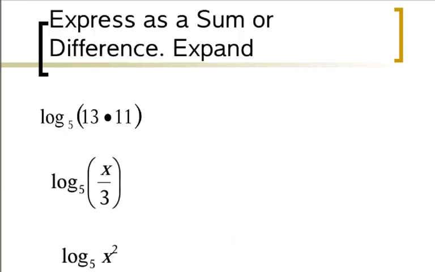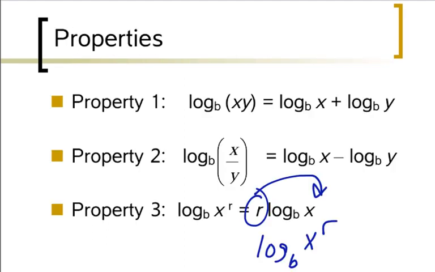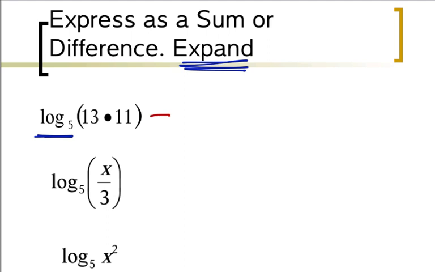So we're going to express this as a sum or a difference. In other words, we're going to expand the logs. Okay. So we've got log base 5, and notice whatever the base is gets written in the expansion. You don't change the base. So I'm going to rewrite this as a log base 5, and because it's multiplication and they're both on top of the fraction bar, they're both going to get positive logs.